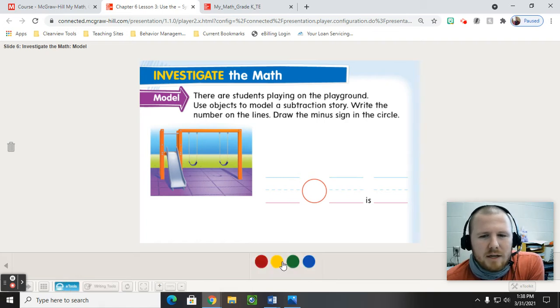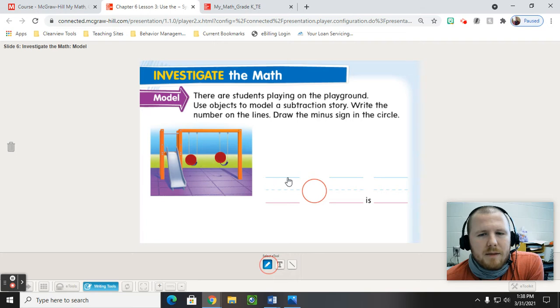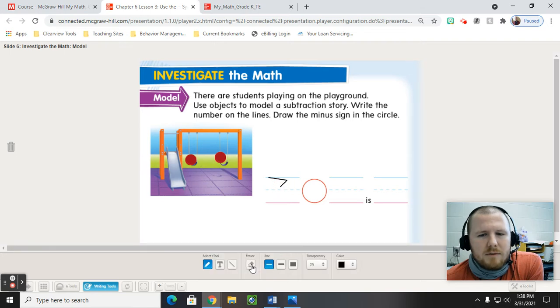Let's say there's 2 kids on the swing. So I got to write a 2. Uh-oh. Gotta erase that. I want to make it look a little neater than that. Sometimes I'm a little sloppy, but don't like to be sloppy a lot. So there's 2 kids on a swing, and I'm going to take away because it wants to be a subtraction story.